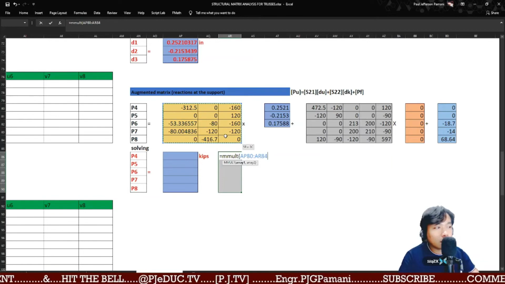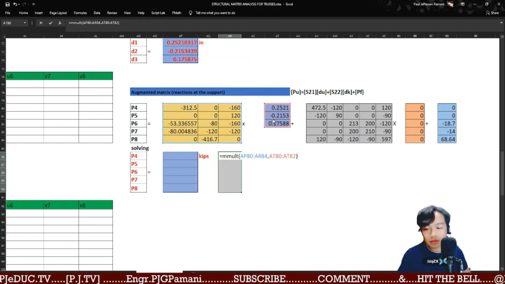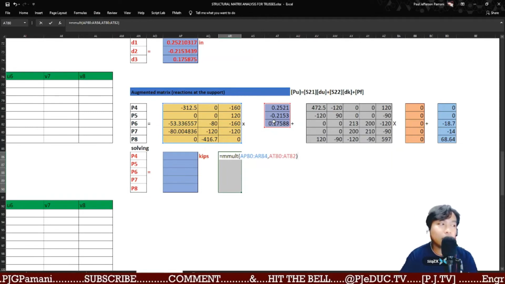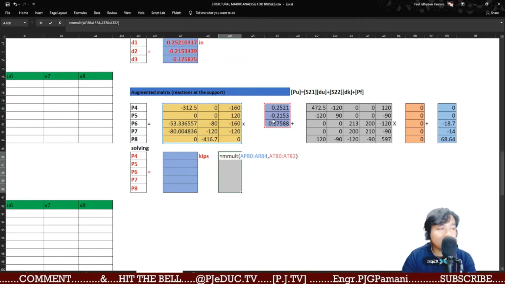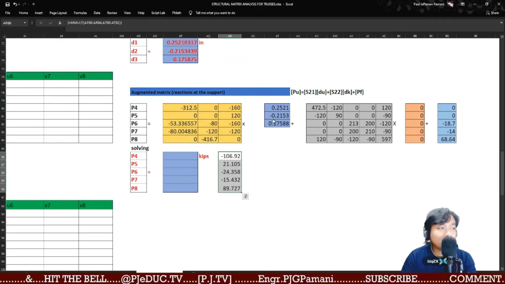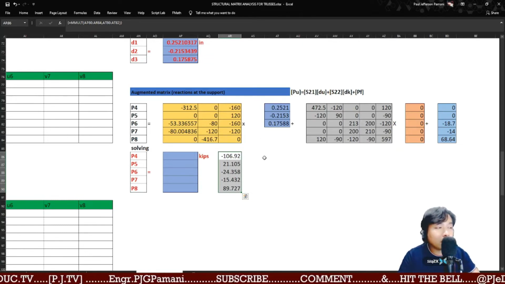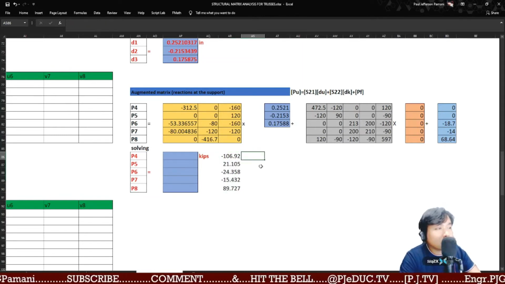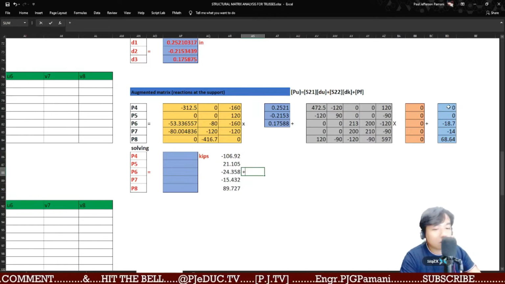So, this one times this one. Kasi kung imamanual ko pa na isusulat yan kung paano i-multiply, abutin tayo ng Christmas. Axis forces pa lang yan. Wala pa yung end displacements. Then, plus this.